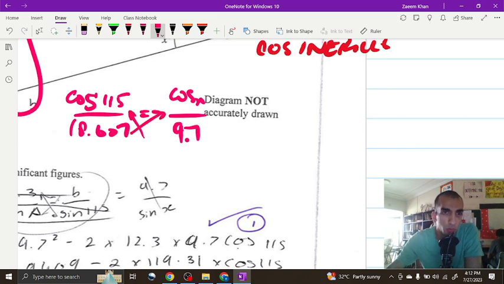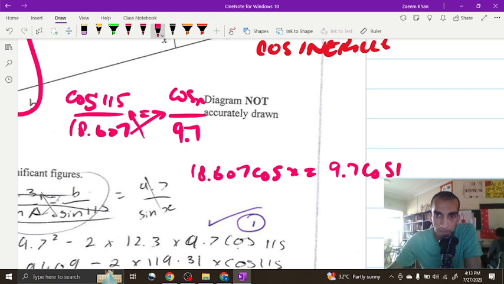Cross multiply. What would the equation look like? 18.607 sine of x, and then equals 9.7 sine of 115.